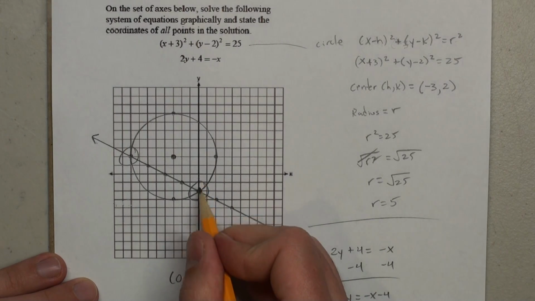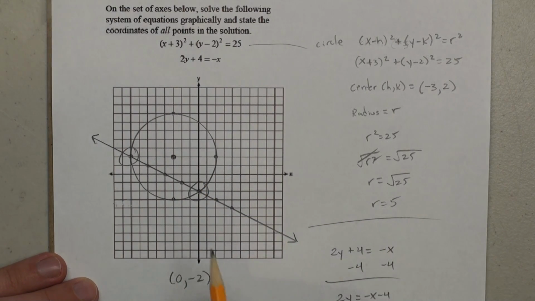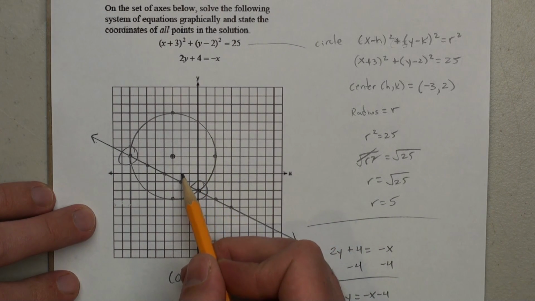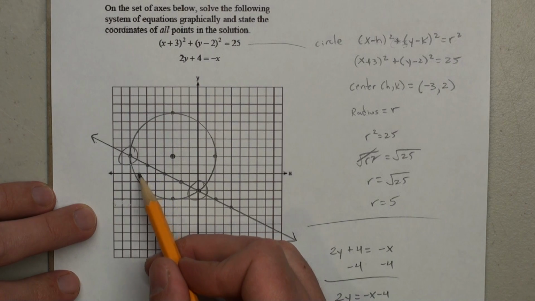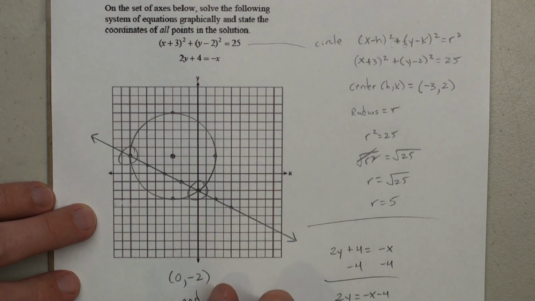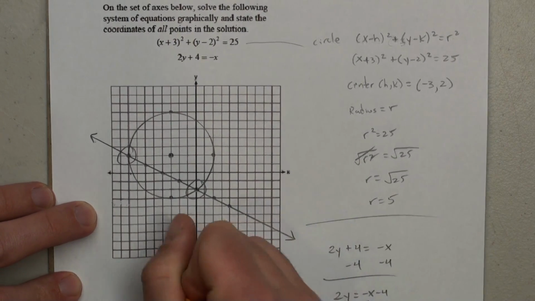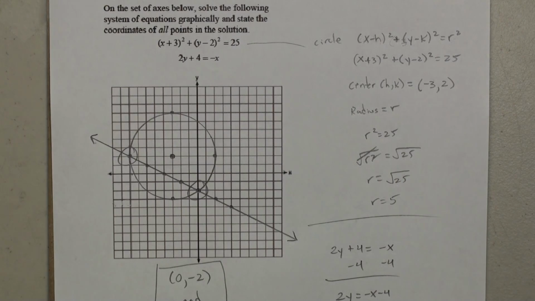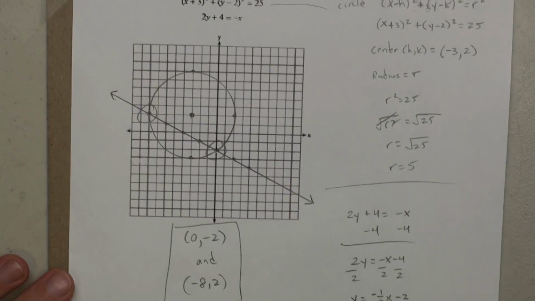0, -1, -2, and -8, 2. Okay, that's it. You can't use a calculator for this.